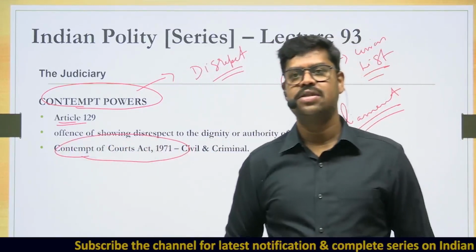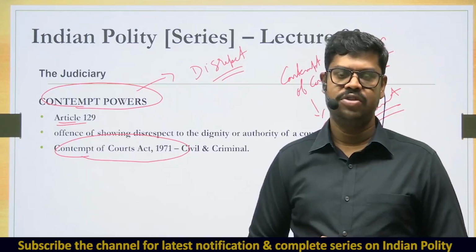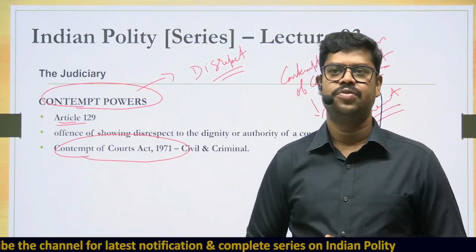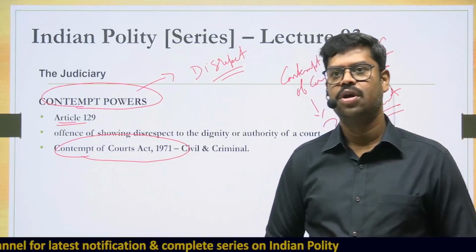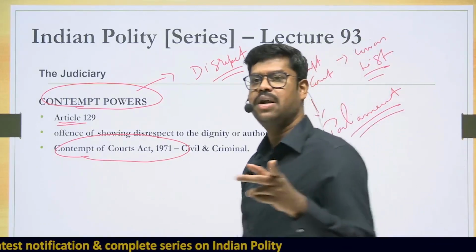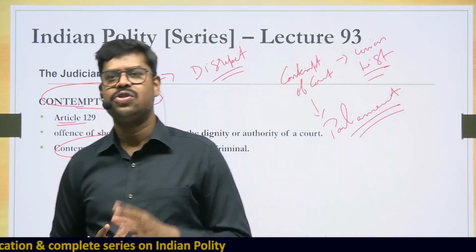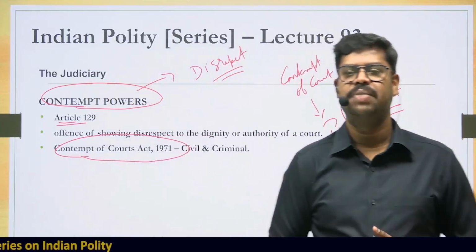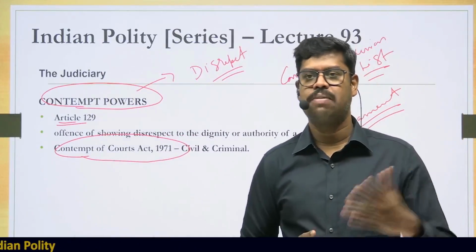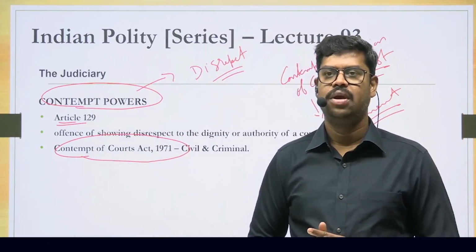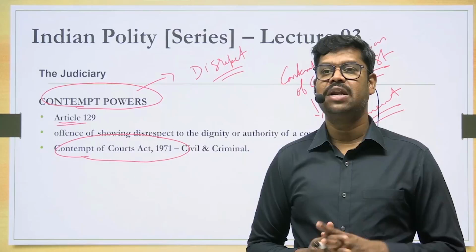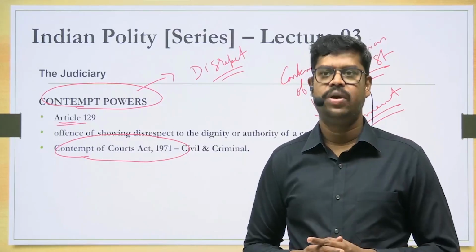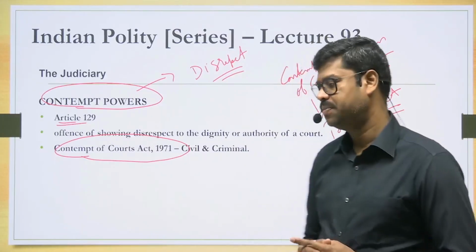If you read this Contempt of Court Act 1971, it prescribes two forms of contempt which can happen against the Supreme Court. One is civil contempt, and another is criminal contempt. Generally, have an understanding: civil is a mild form of contempt where people, or an authority, are showing non-compliance to the authority of the court. Whereas criminal contempt is a major contempt.